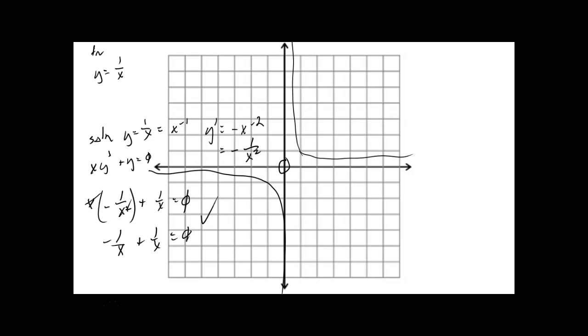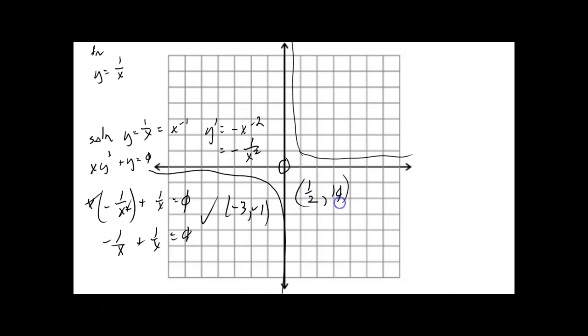In other words, y is equal to 1 over x is a solution of the differential equation on any interval that does not contain 0. And that's what I was saying before, like minus 3 to minus 1. Yeah, that would be perfectly fine. 1/2 to 10.